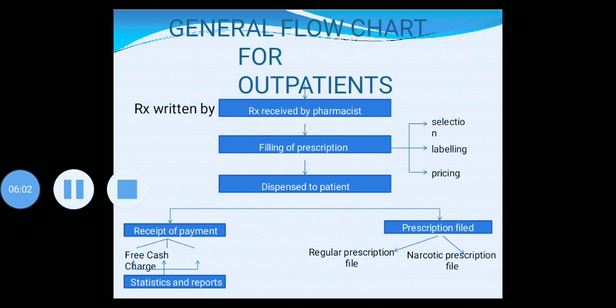The general flow chart for outpatients: Rx is written by the doctor. Rx denotes a prescription. An outpatient is not an admitted patient. Some illnesses are found in outpatients, for example fever, which is an acute disease, while chronic types of disease are found in inpatients. Then the Rx written by the doctor is received by the pharmacist, then the prescription is filled, then dispensed to the patient.